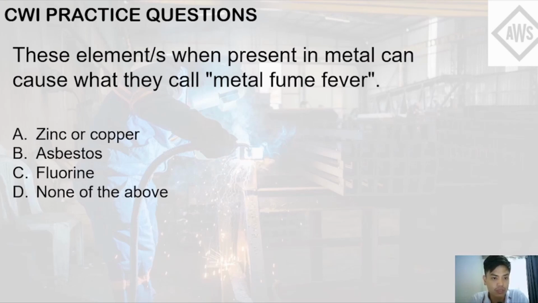Before you use it in any type of project or maintenance activity or repair, rehab, you need to consult with the local authority for the use of asbestos. Letter C, fluorine, it is one of the elements or compounds used in the coating of the electrode.